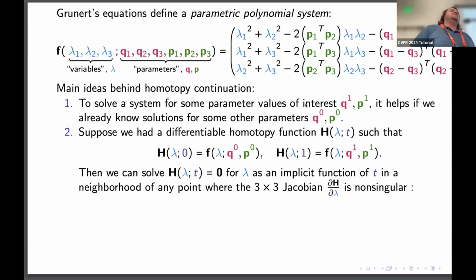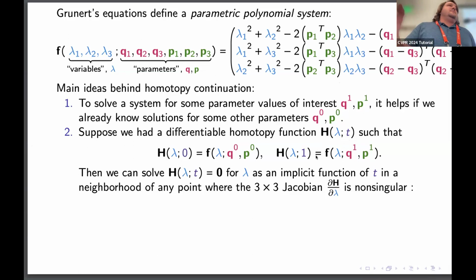Well, let's imagine that we had something called a homotopy function. The homotopy function depends on the unknowns and a continuous parameter t. It will have the following property. If I evaluate my homotopy function at t equals 0, it gives me the system at the parameter values where I know the solutions. And if I evaluate it at t equals 1, it gives me the system that I would like to solve.